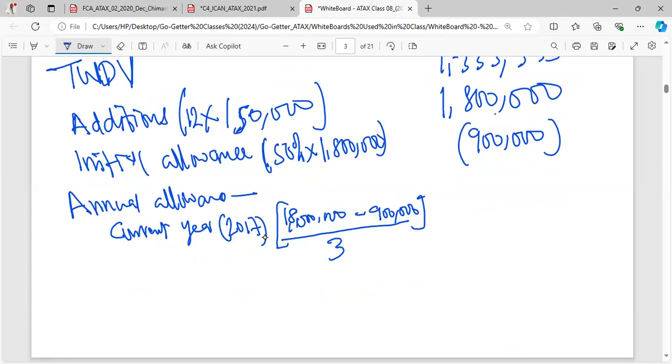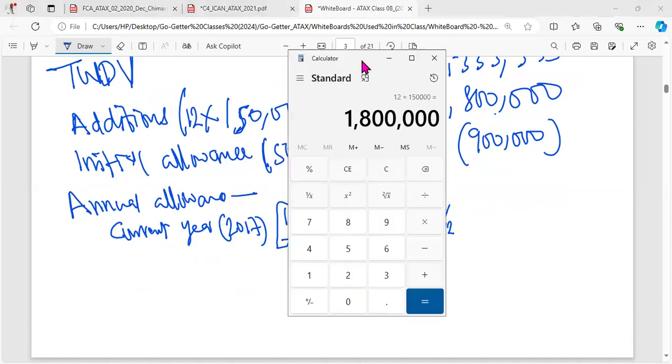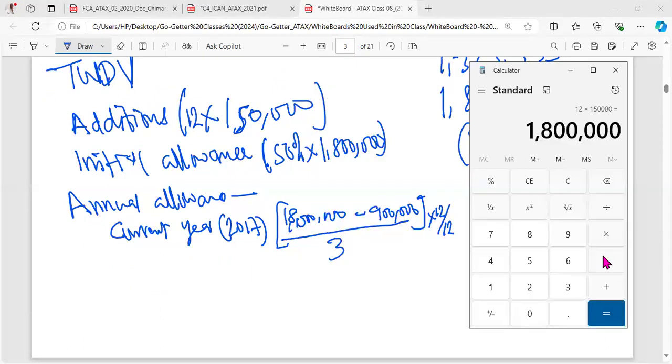And because these are 12 full months, it is 12 over 12. You use it for 12 full months. So you have your cost of 1,800,000 minus your initial allowance.